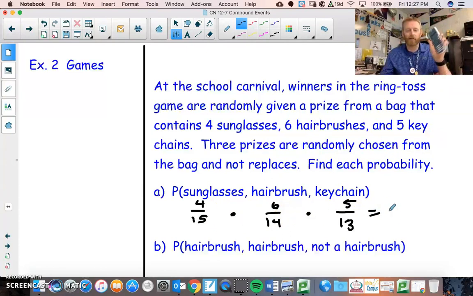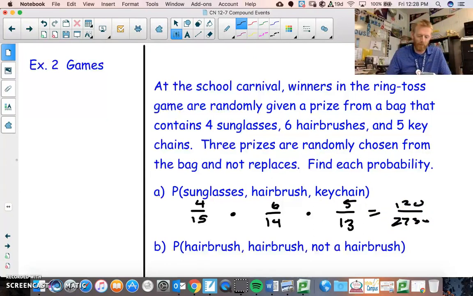So again, I'm going to use my trusty calculator. Turn it on first, Berman. 4 times 6 times 5 gets me to be 120 on the top. And then 15 times 14 times 13. That's a bigger number, 2,730.